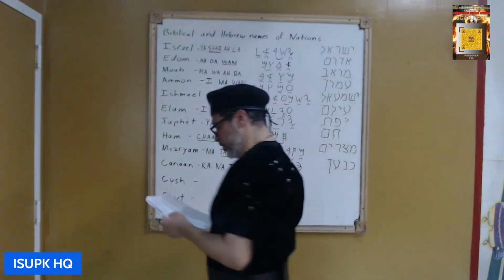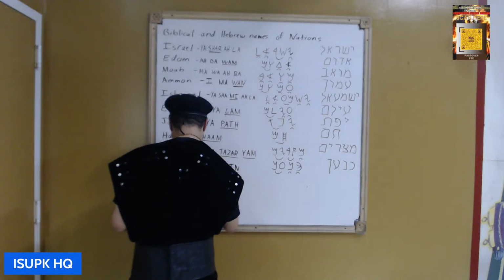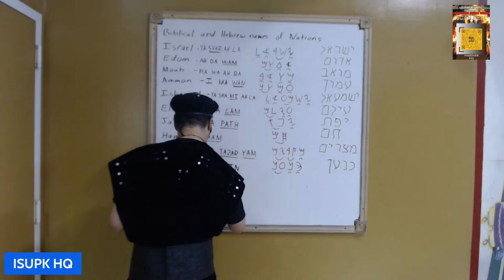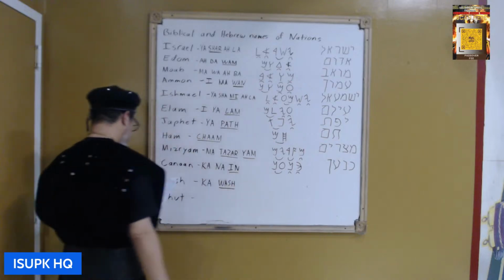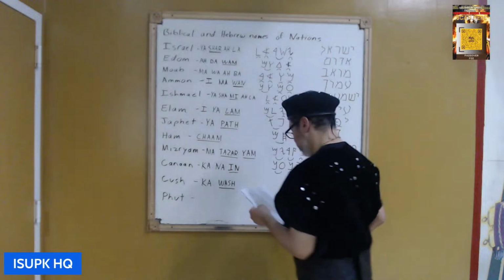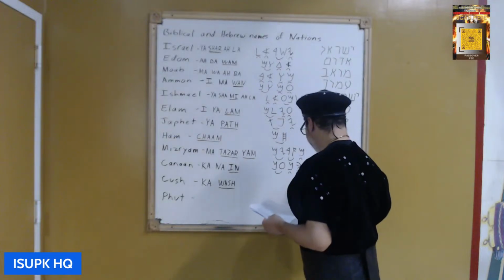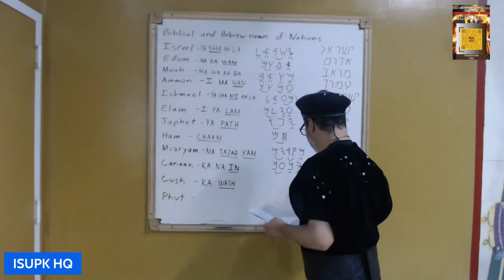Now we have Kush, which is pronounced Kawash. Now this is a Wa and a Sha connected. So now let's write the Ka. We have it right above, just a Ka again.